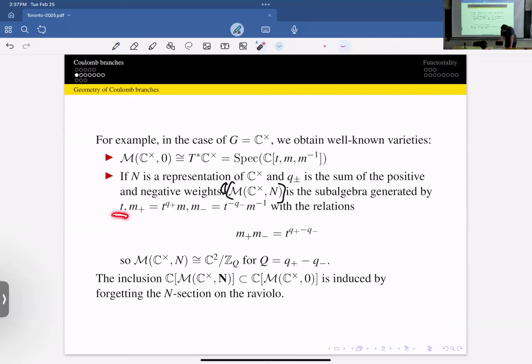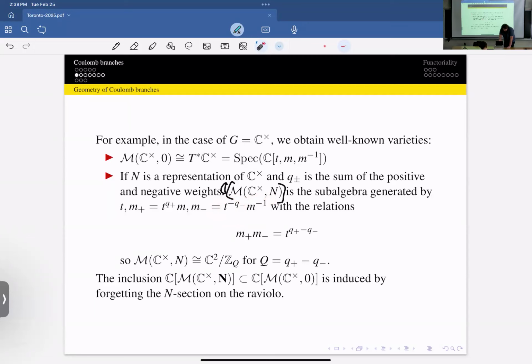I still have T, that's fine. I always keep my copy of Sym T. But the things corresponding to cocharacters change. So what before was the function corresponding to a cocharacter gets multiplied by a power of T. And that power of T is the sum of the positive weights for C star acting on it. And similarly, the guy going the other way, the inverse, gets multiplied by minus the sum of the negative weights.